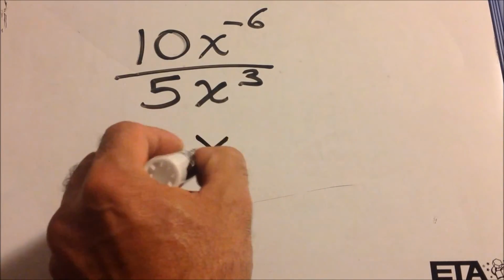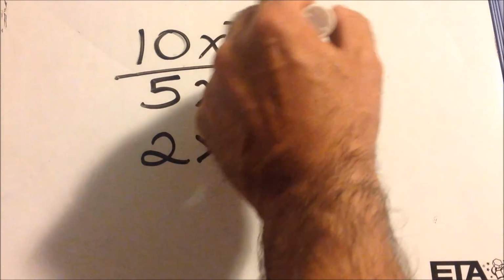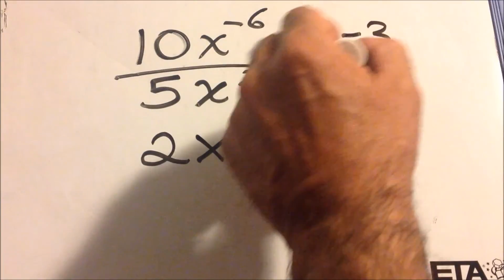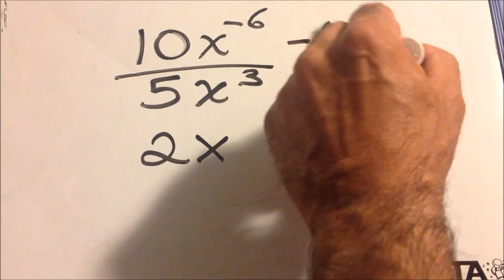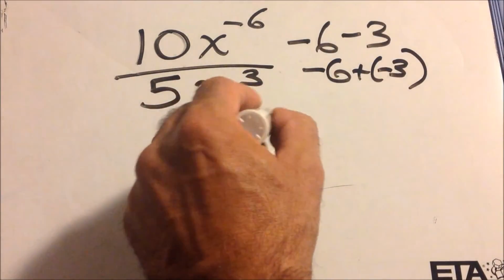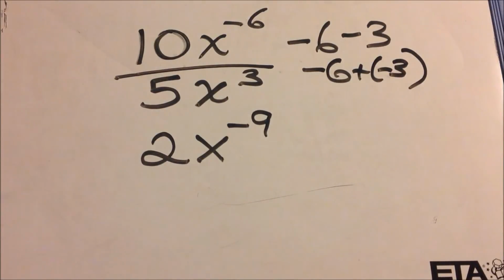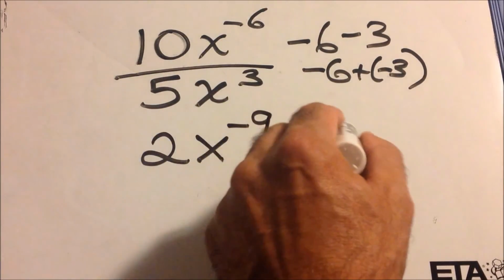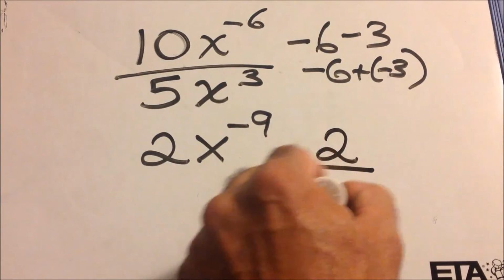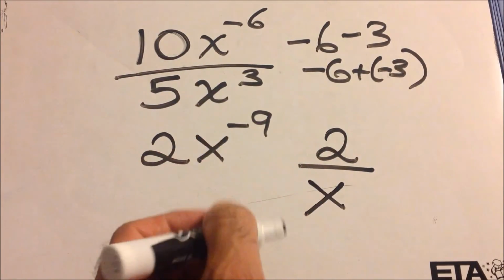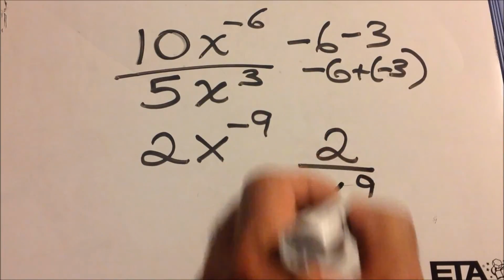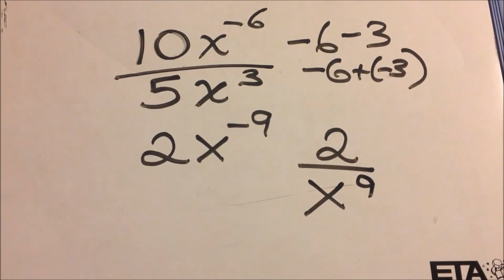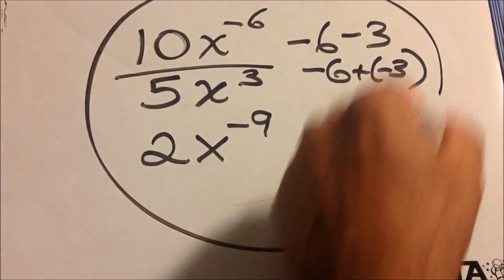They have the same base of x, and negative 6 minus 3 becomes negative 6 plus negative 3, which is negative 9. So the 2 stays in the numerator, but the x goes down because it has a negative exponent. And that'll be the answer. So we'll do more with variables in the next video.